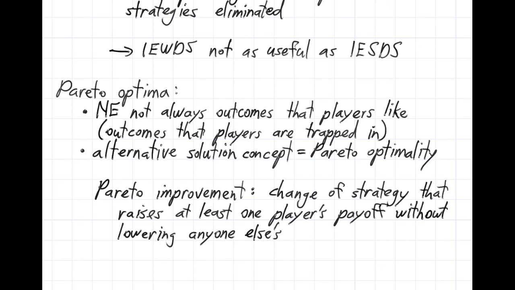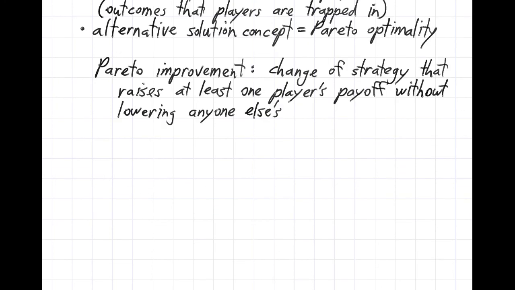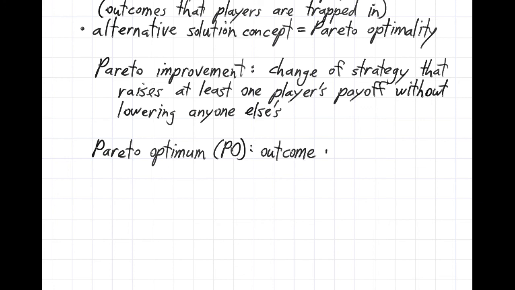Now, the Pareto optimum is related to that. Call that the PO. It is the outcome, or any outcome, where it's no longer possible to make further Pareto improvements.